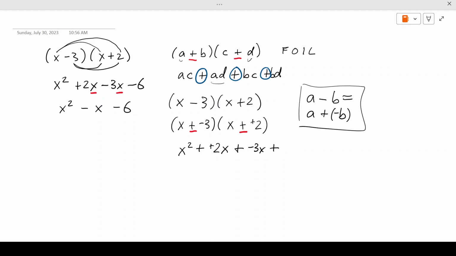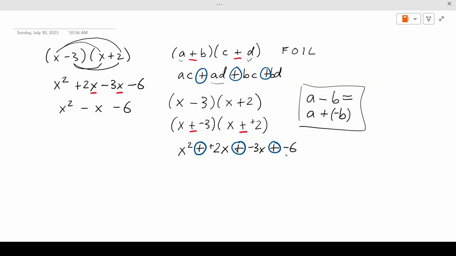Now, negative 3 times positive 2 is negative 6. That's an integer rule. So notice I'm following everything very carefully, and I'm making a distinction between plus and positive, and between minus and negative. I'm being very correct.